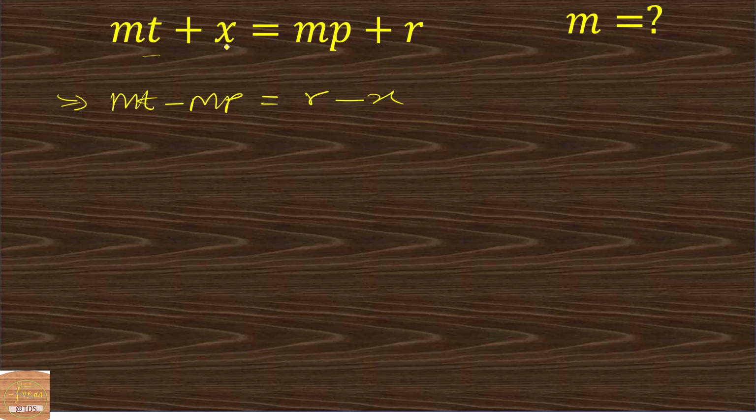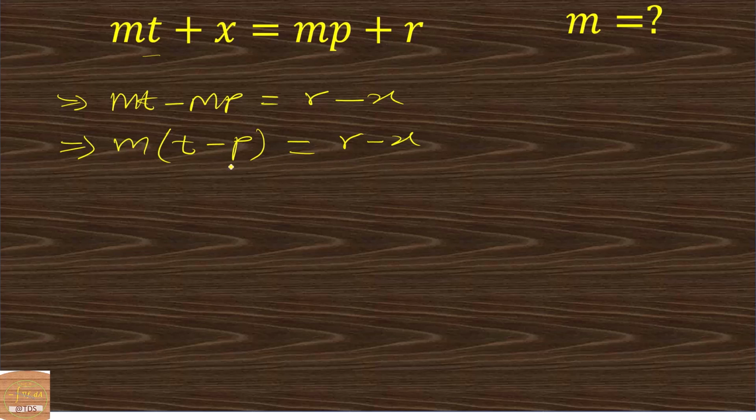Somebody can also keep the x here and bring the r to this side, then send the mt to the right, whichever way you're right. Since we are after m, we can factorize m out here. So m out, t minus p. So we have r minus x on my right.